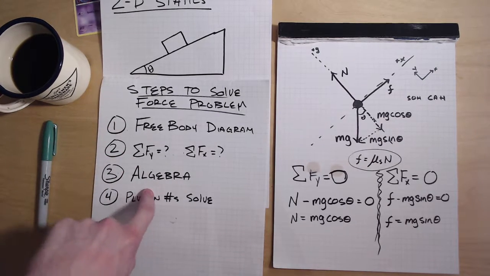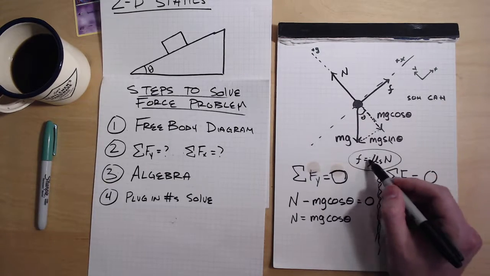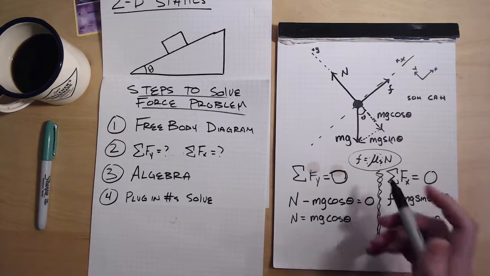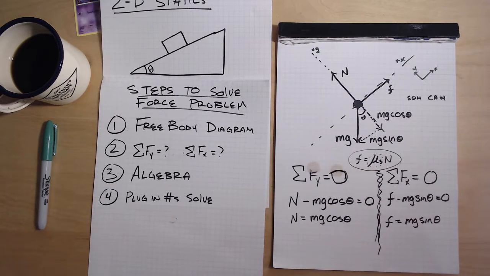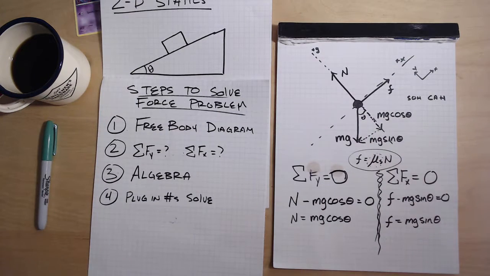Now we need to rearrange a little bit, and do some algebra and figure out what it is we're solving for. So let's say we want to solve for the coefficient of static friction between the object and the inclined plane.